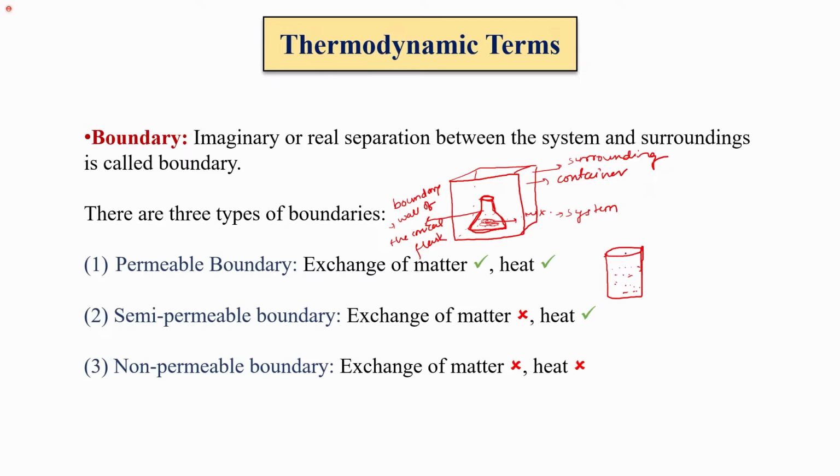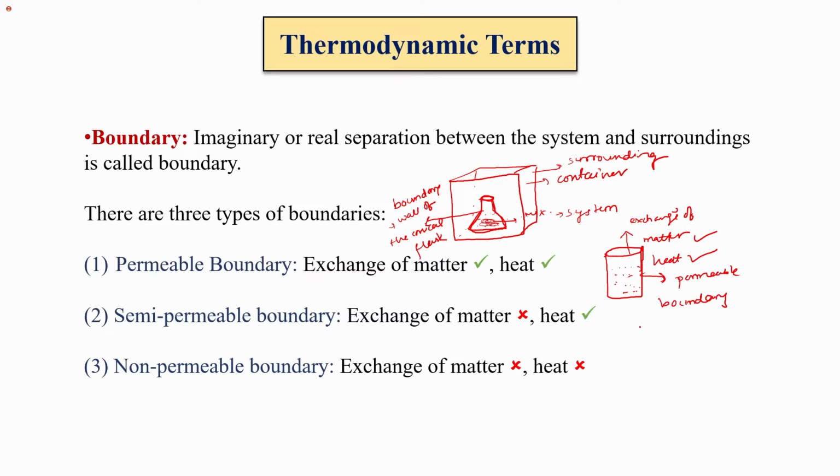Here exchange of matter can be done. You can see that the beaker is not closed, so exchange of matter can be done, and heat can also be exchanged. So this boundary will be called a permeable boundary because it is allowing the exchange of heat as well as matter.